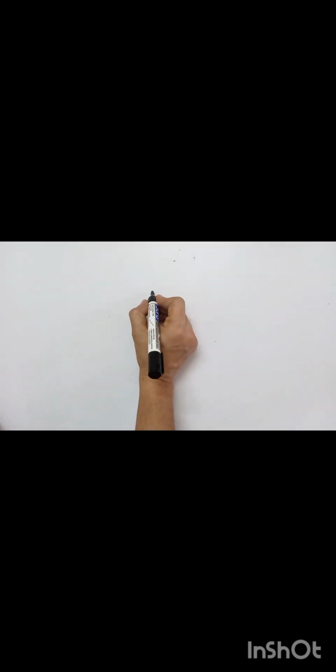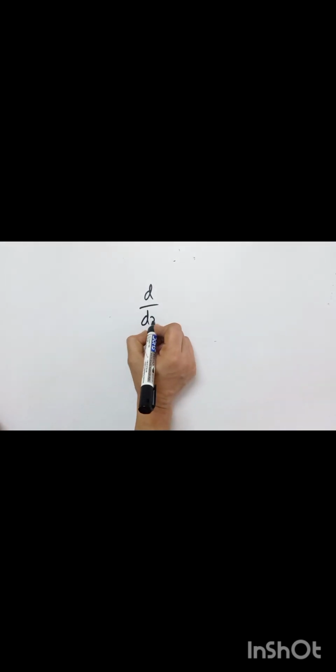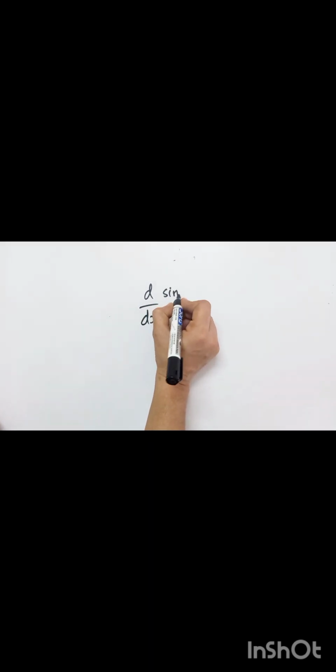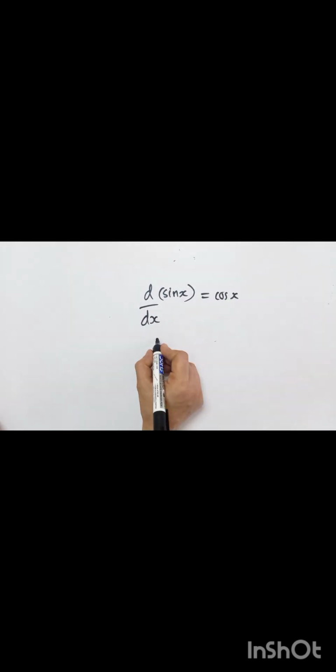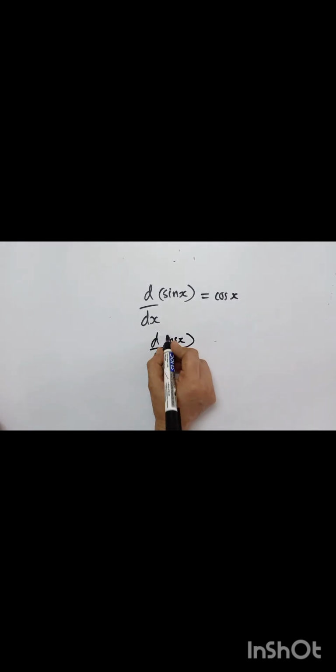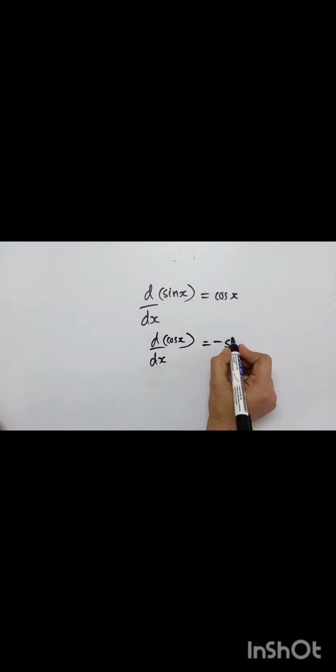Then we have the derivatives of trigonometric functions, and that also you have to learn by heart. That is d by dx of sin x, it is equal to cos x. d by dx of cos x is equal to minus sin x. Okay, minus sin x.